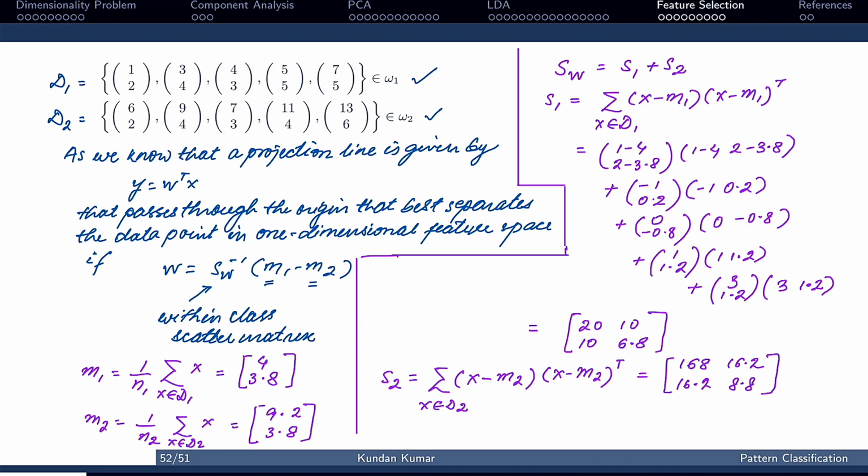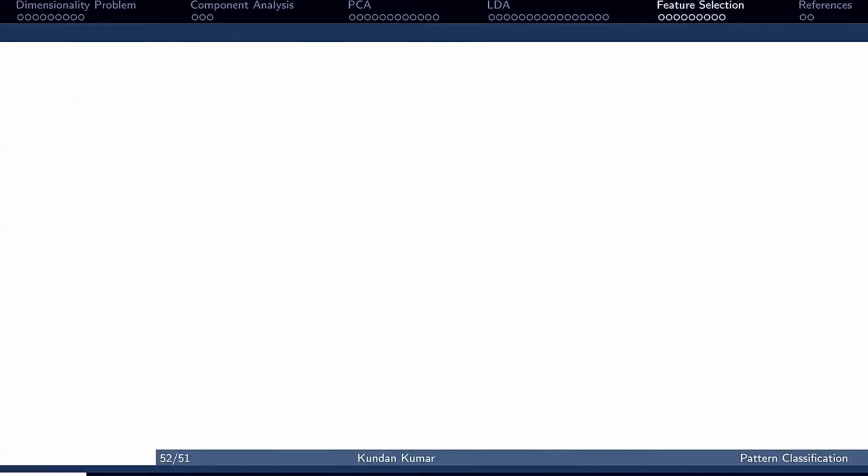Now, to compute the within class scatter matrix, we have to add these two scatter matrices S1 and S2. So, let us add S1 and S2 to compute the within class scatter matrix.